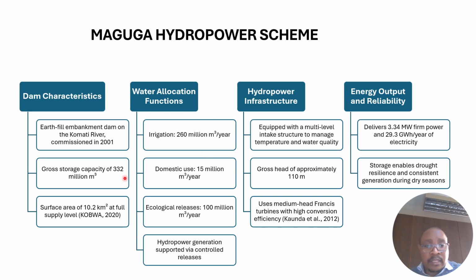And in terms of the allocation, it is for irrigation, domestic use, ecological releases, and hydropower, which will be the main focus.